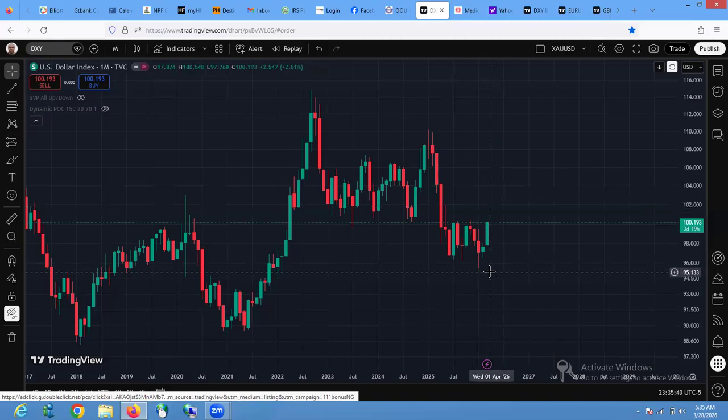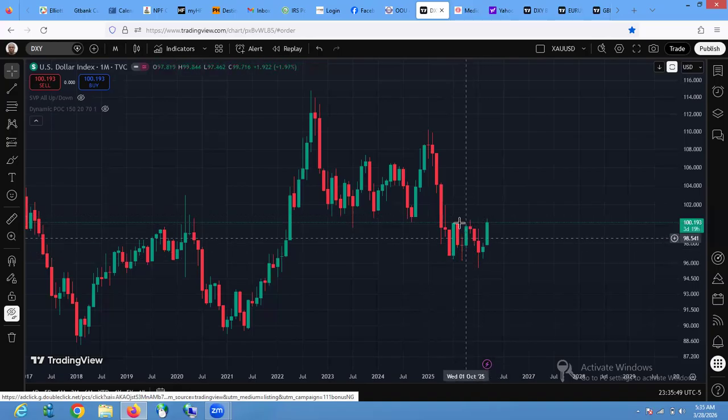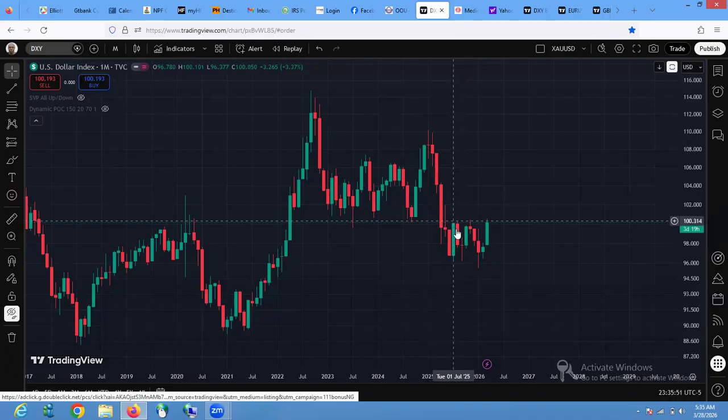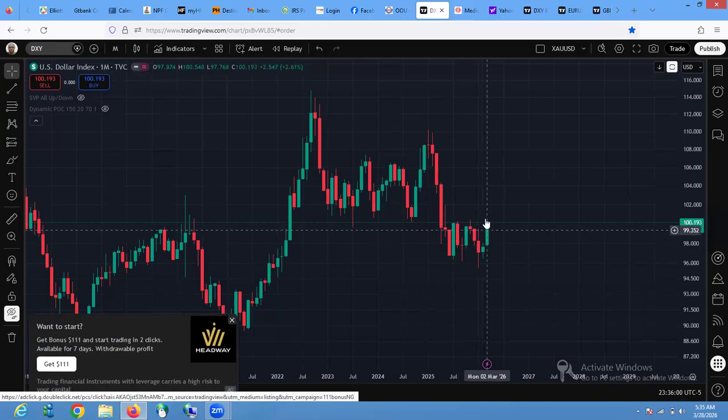Now, what do I see here? I see this as the first move, which is A. Then in the middle is the B wave. So this is an A, this becomes A of B, B of B, and a C of B. With this becoming a C of B, I now see an extended flat here, that this is going to go up to give us A, then B, and a C. That is what I see now.